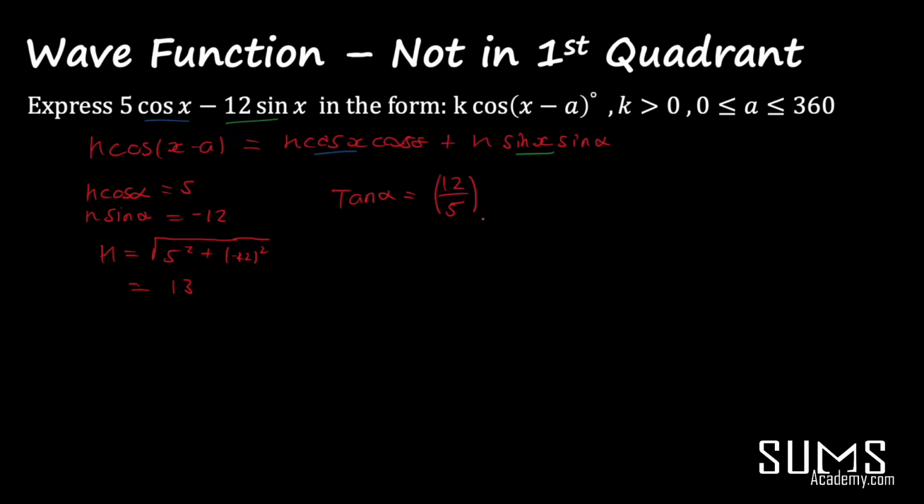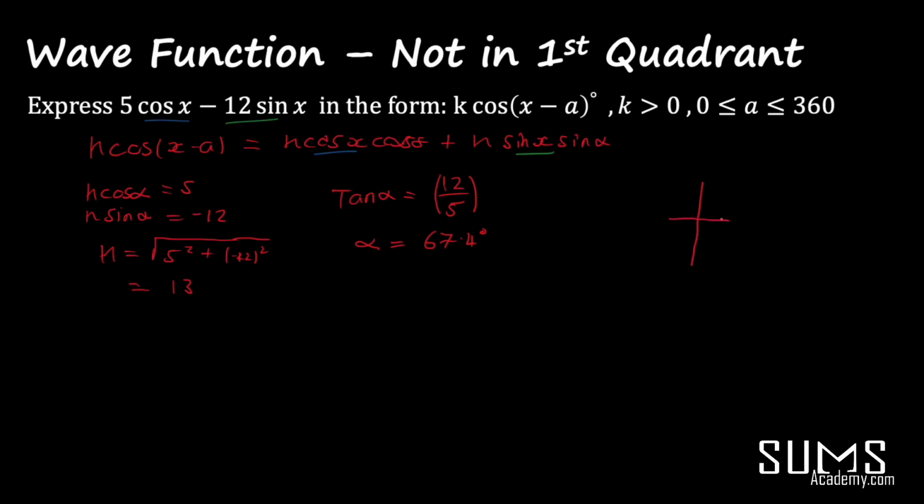Because this angle is giving you the size of the angle, not the position of the angle, if that makes sense. We use the CAST diagram to determine the position of this angle, or how much it's been moved by. Let me show what this means. So stick this in our calculator, and we will get 67.4 degrees.